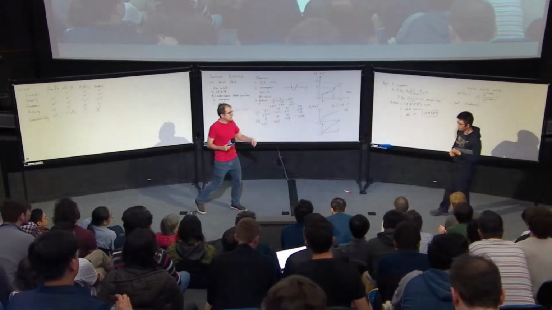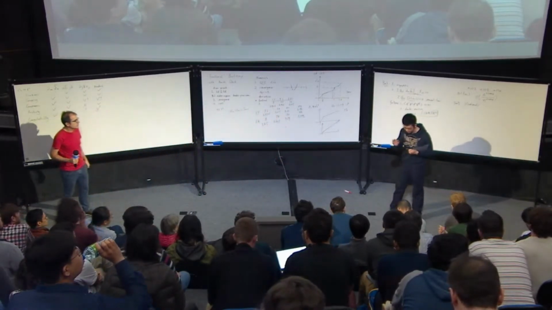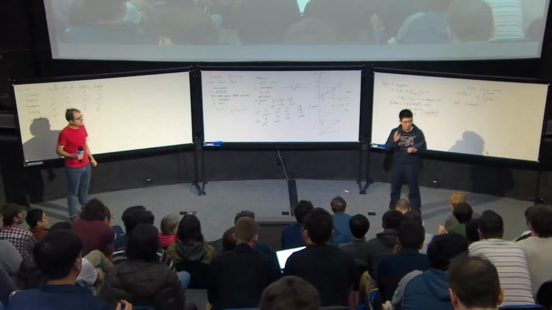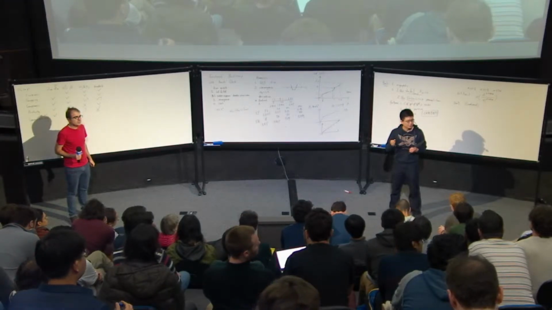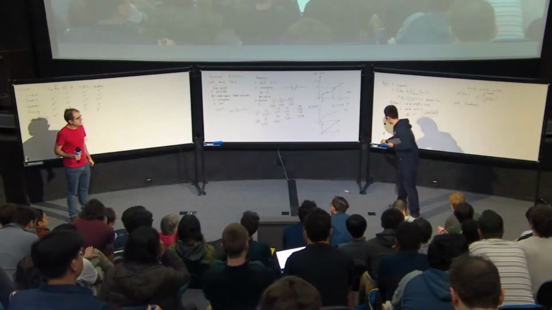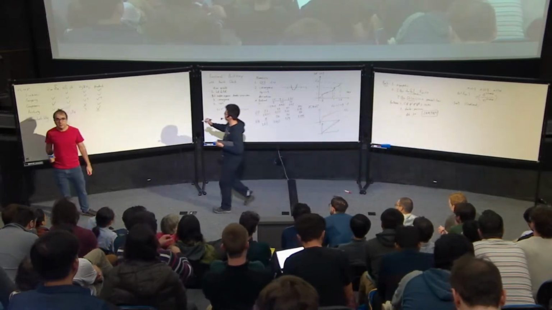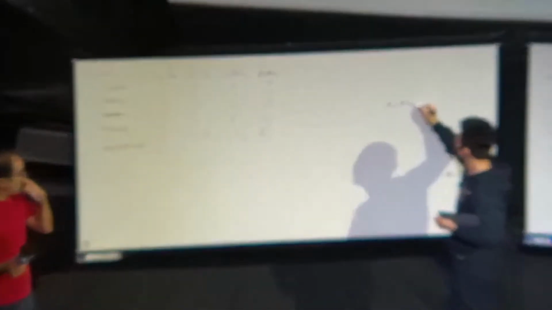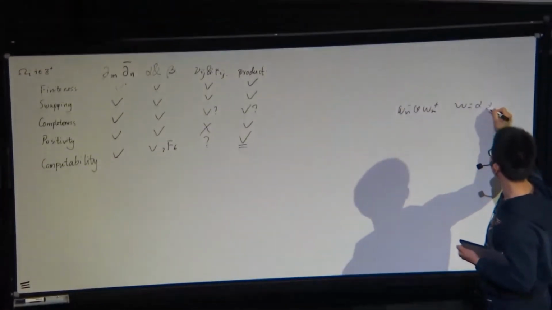Please repeat the question. Yes, okay, he is asking how to choose the functionals in the product basis, right? Well, we are using a very naive way of choosing the functionals. Suppose we are using W_n minus W_m plus, and here W could be alpha or beta.